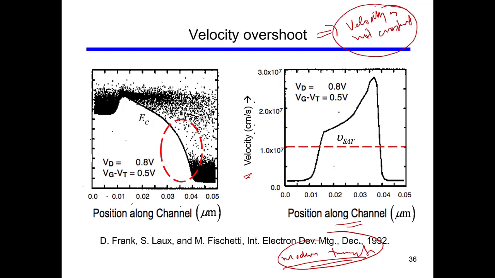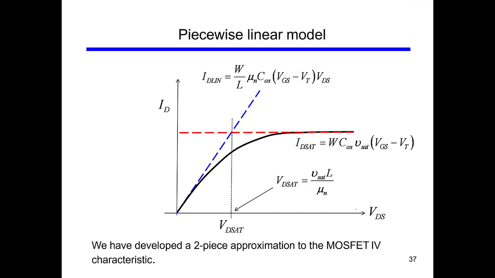That means there are exceptions to velocity saturation. Modern research shows that the velocity used to saturate at this value, but now, for reasons we do not want to go into in detail, the velocity profile is something like this. It is not constant inside the channel because of scattering and different kinds of phenomena.